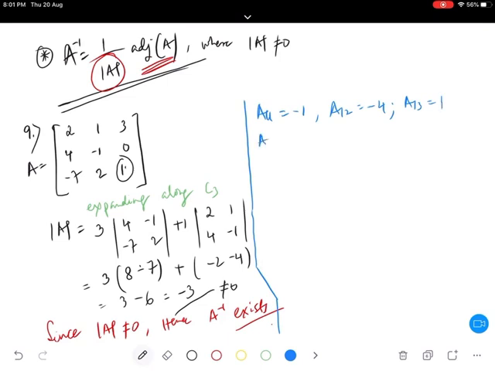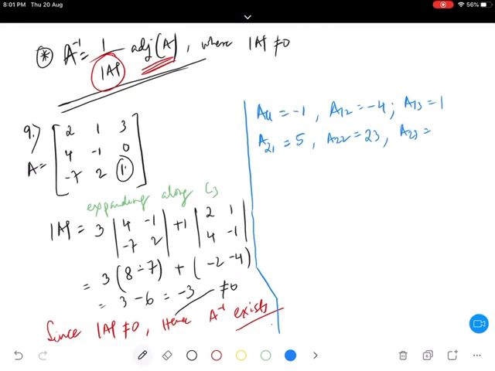So fast, A13? Acha, what is A21? A21 is how much? And what is A22? Oh, yeah, 23. Sorry. Yes, 23. What is A23?